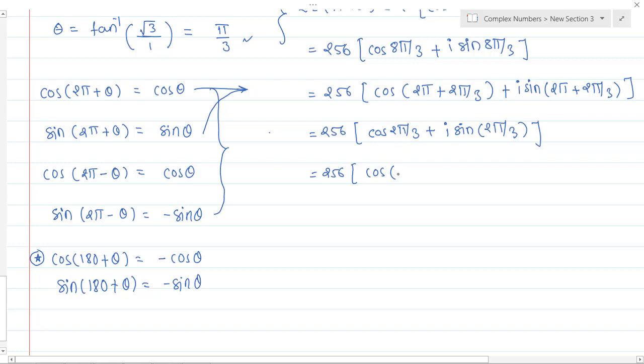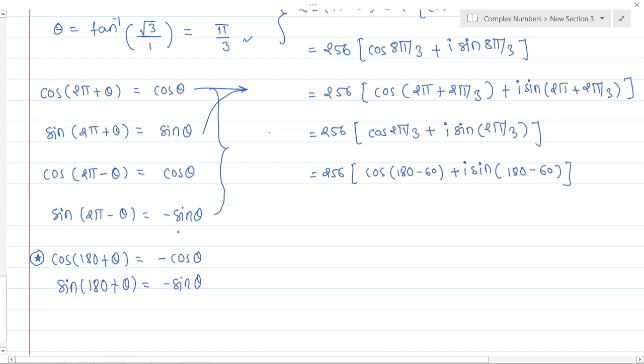It is 180 minus 60, yes or no, plus I sin of 180 minus 60. How did this 120 come? Pi by 3 means how much? 60. 60 into 2 is 120.